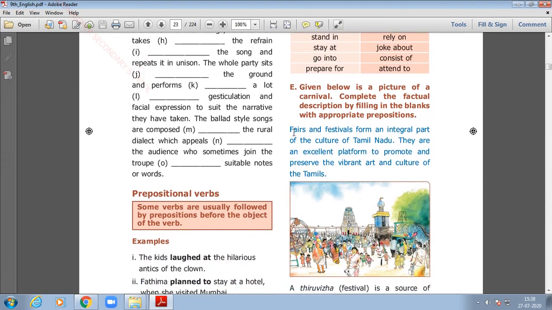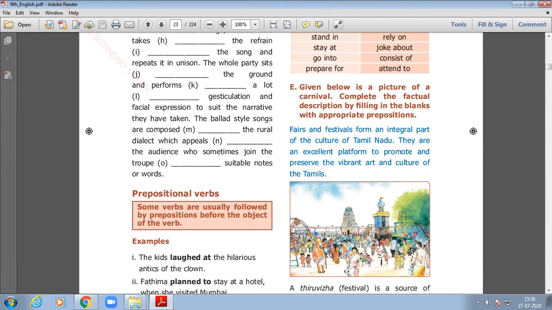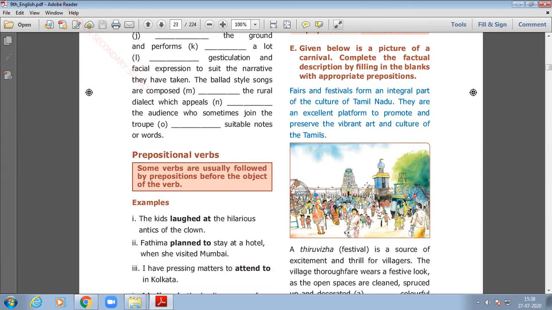Okay, yes. Here given below is a picture of a carnival. Carnival in the sense of festival. Car festival, carnival. Okay. Look at the scenery there. You just see the temple there. They are an excellent platform to promote and preserve the vibrant art and culture of the Tamils there.